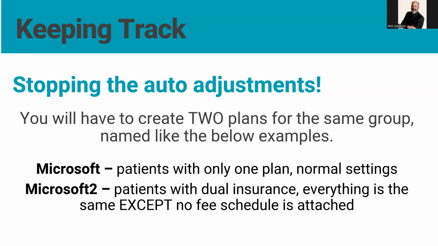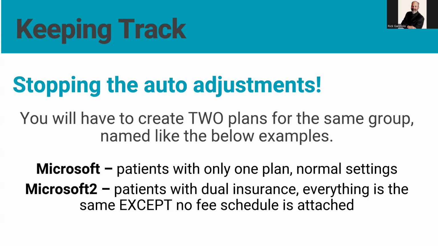So when a patient has multiple plans, I create two plans for the same group. So you have a Microsoft plan. This is for patients who only have Microsoft. It's their primary, it's their only insurance. They don't have a secondary.